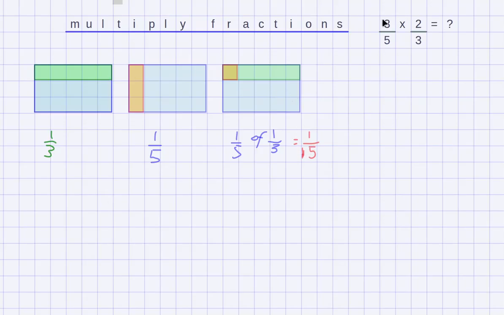Okay, so what about this one here? We want 3/5 of 2/3. So we take 2/3 first, and then we take 3/5 of that. So let's do it down here. Draw another box. Okay, let's put it here. And we want to figure out 3/5 of 2/3.